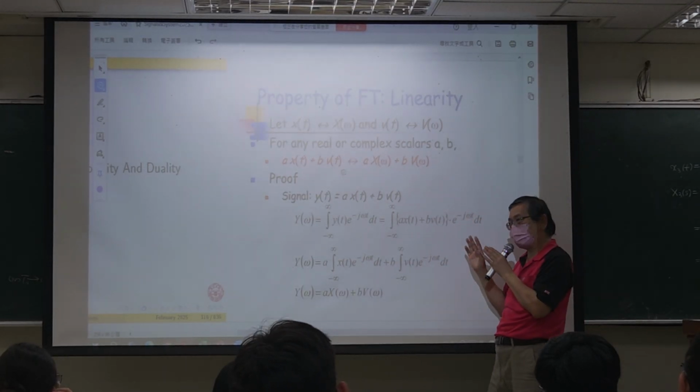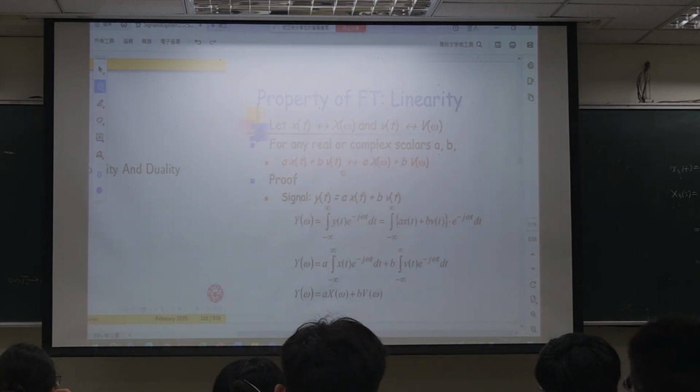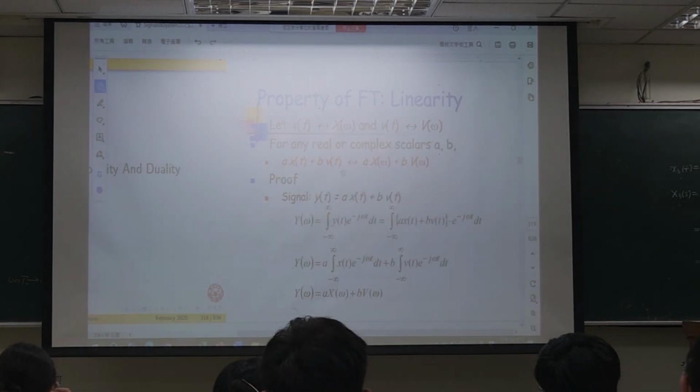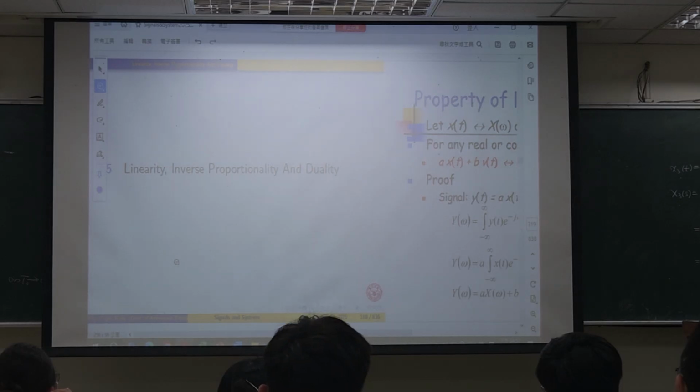We don't want to discuss that. We are dealing with good signals, good functions, so presumably no problem at all. So the Fourier transform is a linear function.